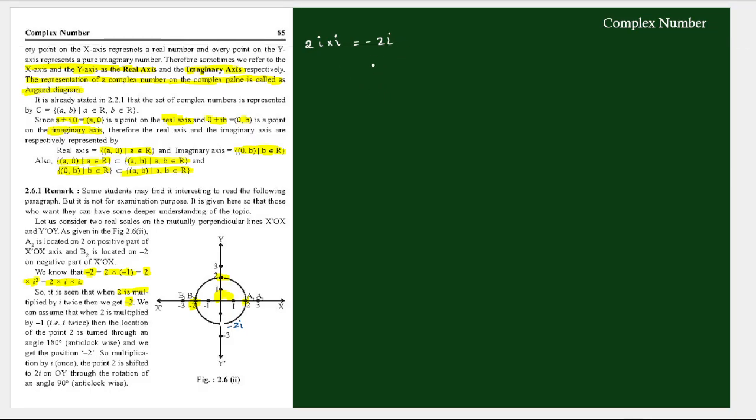Again, if you multiply -2i into i, so i into i is what? i square means -1. This is nothing but minus into minus, positive. That means it will come to its original position, +2.